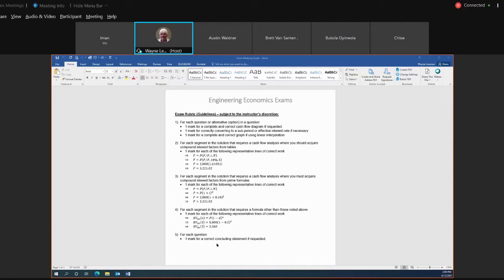Also, many people filled in a concluding or a decision statement, and that's good. I have no problem with that. If it's asked for, then in that case, you would get 1 mark for it. And then going back up to the very top of this document, for a complete and correct cash flow. I noticed in the work, lots of people do not make a proper cash flow.